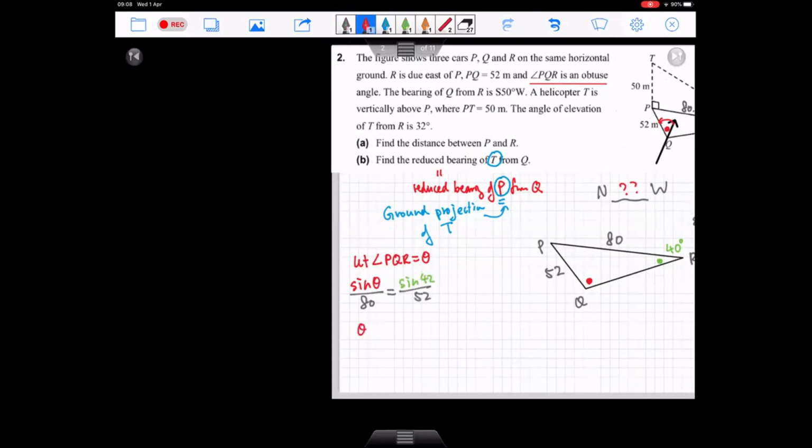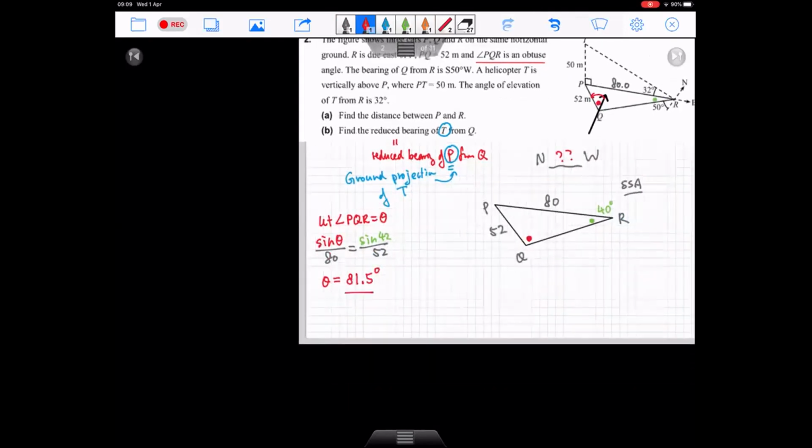So the calculator will give you theta. What is theta? The calculator gives me theta is something like 81.5 degrees, all right? Now the problem is some of us took this as the answer. So you make two mistakes for those who took 81.5 as the answer.